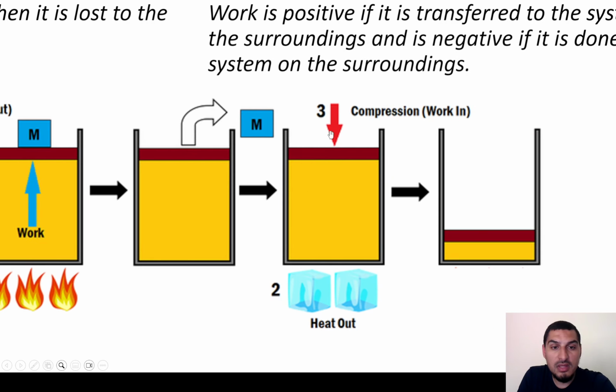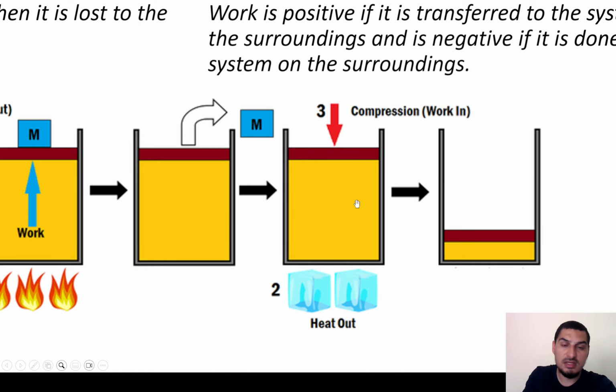Now, if you apply work on the system, maybe you're putting some heavy object or pushing it by hand, this is work done on the system, and at the same time there is cooling, so you're absorbing heat from the system. So the heat now is negative because it's absorbed, and the work is positive because we are doing work on the system. Going from here to here, we have positive work and negative heat.